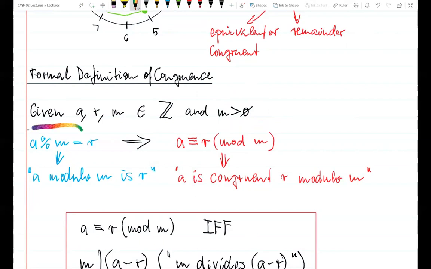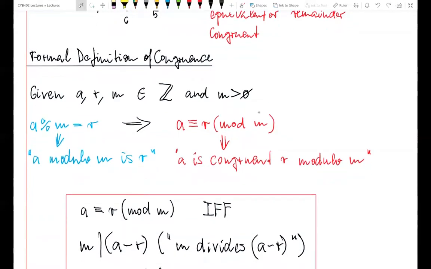What you know so far using the modulo operation is we can write a modulo m is r, and that's how we say it: a modulo m is r. So with the new operator here, what we say is a is congruent to r modulo m.